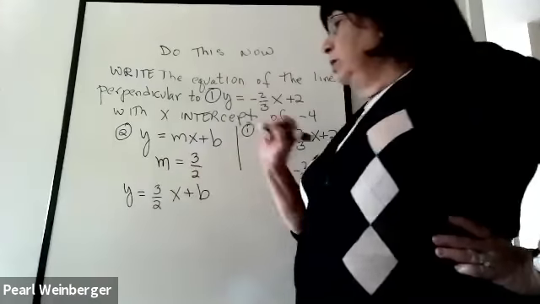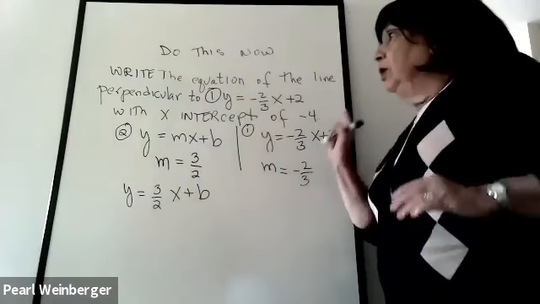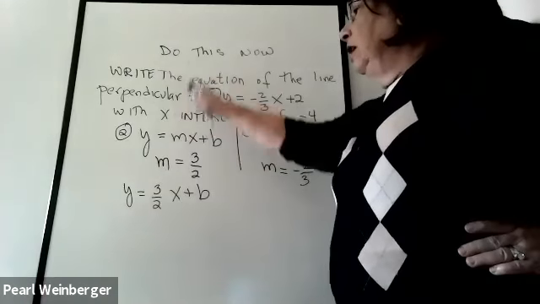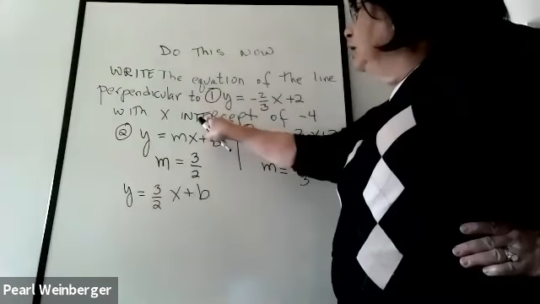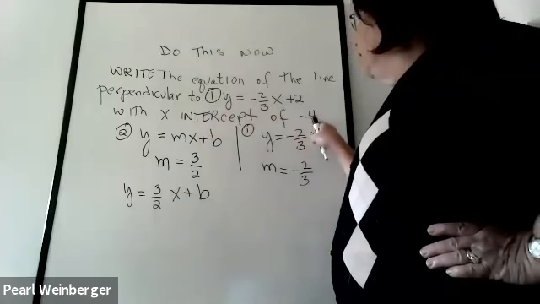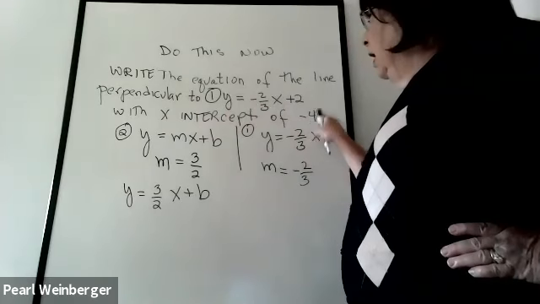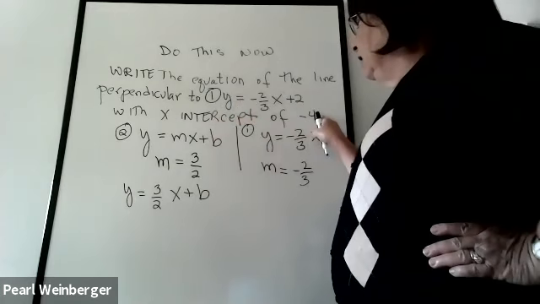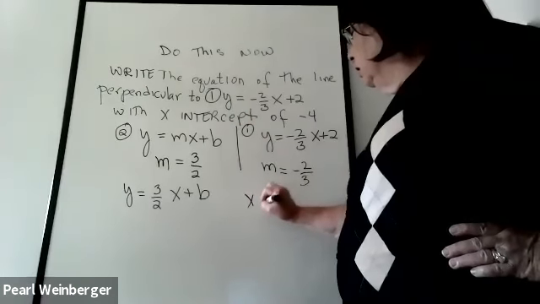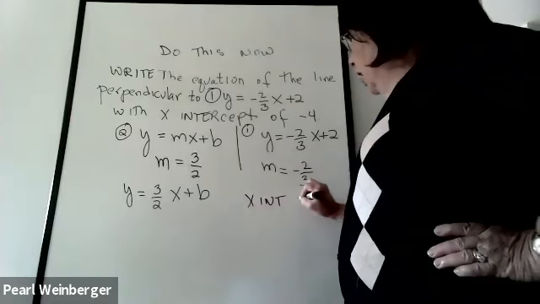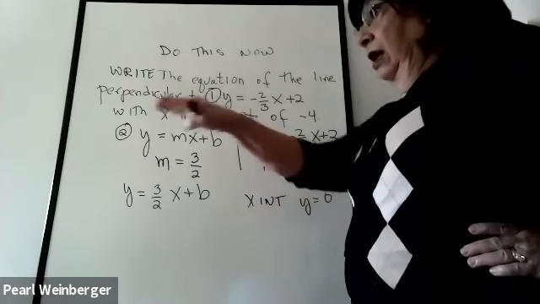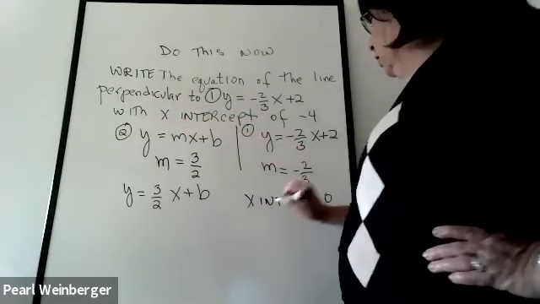What we don't know now is the b, but we're going to figure out what the b is because they gave us another hint. They told me this new line is going to have an x-intercept of negative 4. And we know that when we talk about the x-intercept, the y has to be equal to 0. It's on the x-axis, so the y is 0.